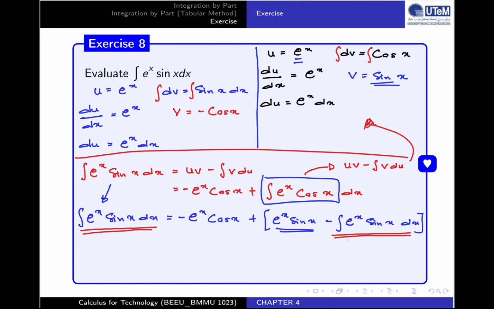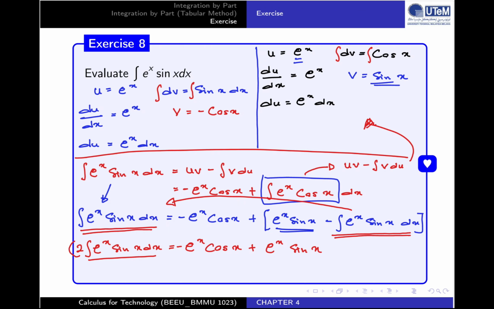So move to the left hand side, we can get 2 times the integration of e^x sine x dx equal to negative e^x cos x plus e^x sine x. But we want to find only the integration of e^x sine x dx, so we don't need the value of u.